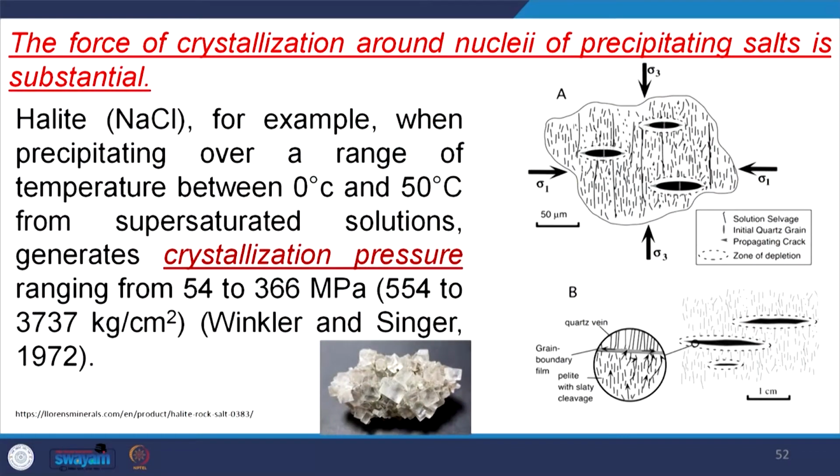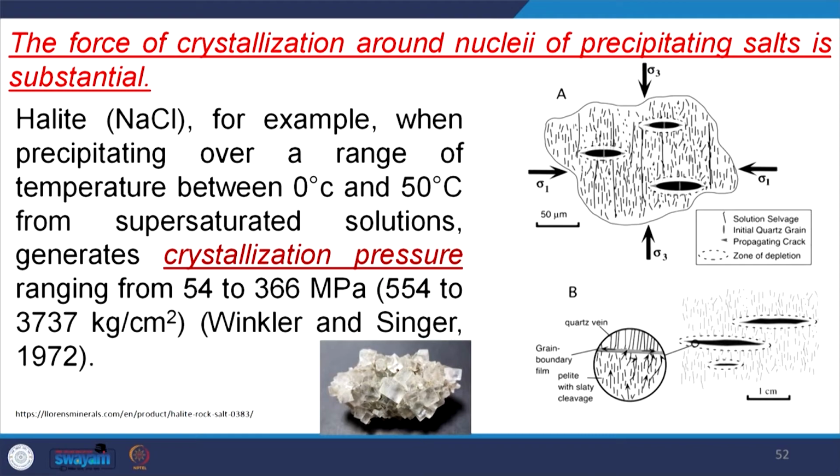Here the force of crystallization around the nuclei of precipitating salt is substantial, which is very important to understand. Once salt crystallization takes place within the pore space, this force of crystallization is very large compared to the strength of the rock.